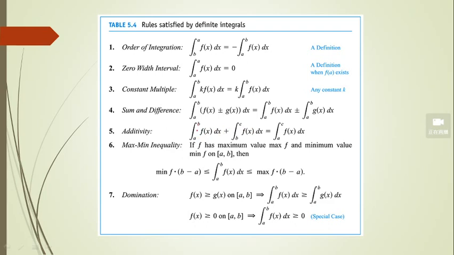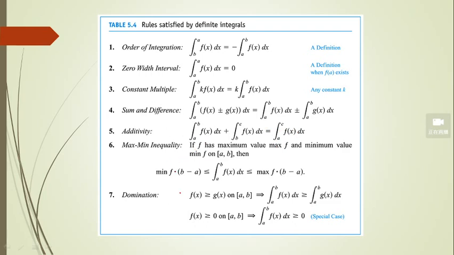You add the lower and upper limits: a to b, b to c, of course it's a to c. That forms the region under f(x) from a to c. So the area from a to b plus b to c equals a to c. We will use the graph to illustrate this one.